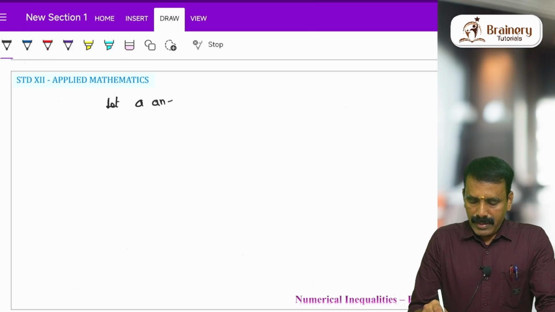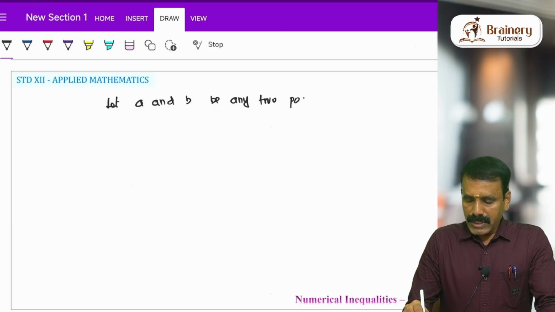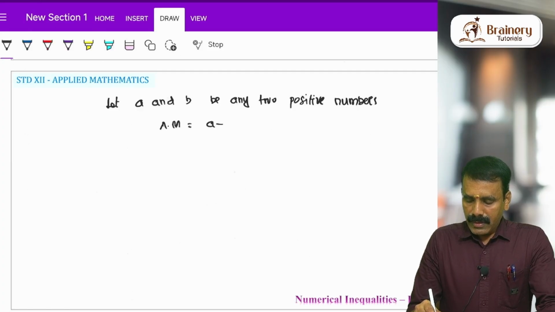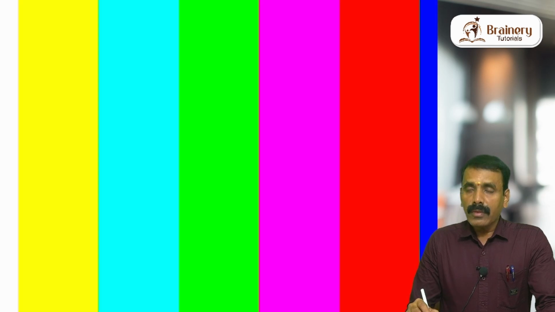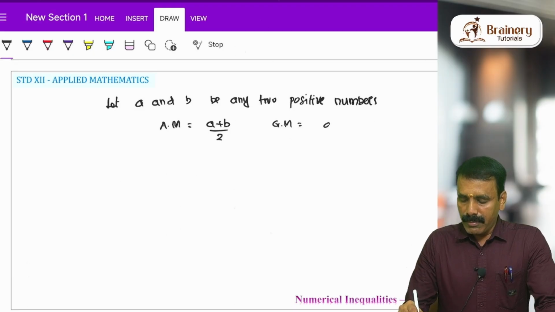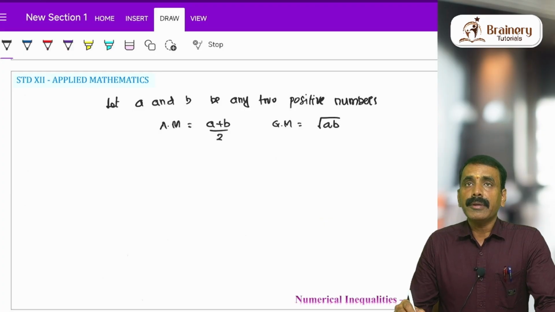Let A and B be any two positive numbers. The arithmetic mean of these two numbers is (A plus B) by 2. For the geometrical mean, we have to find the product of A and B. Because we multiply two numbers, we have to take the square root of AB.